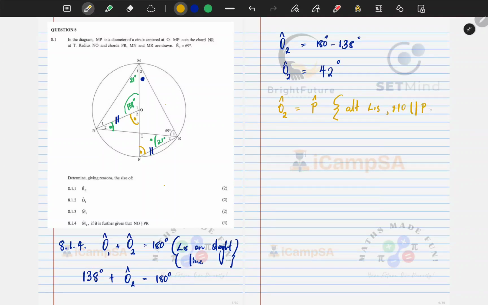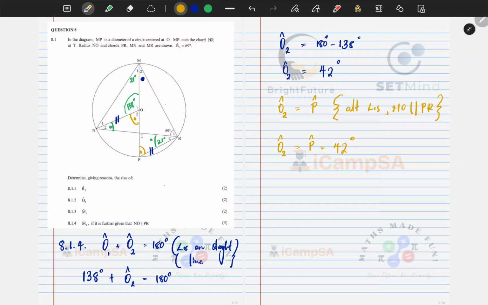O is parallel to PR, because for alternate angles to be equal, we need parallel lines to exist. So perfect. That means that O2 is equal to angle P, which is equal to 42 degrees.